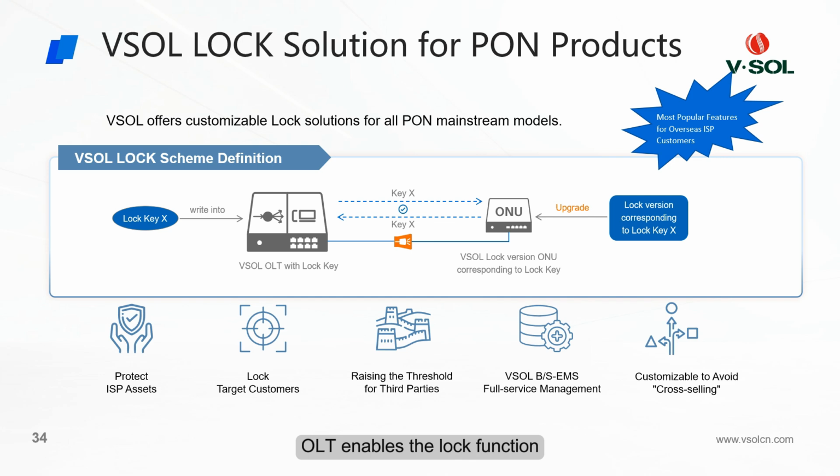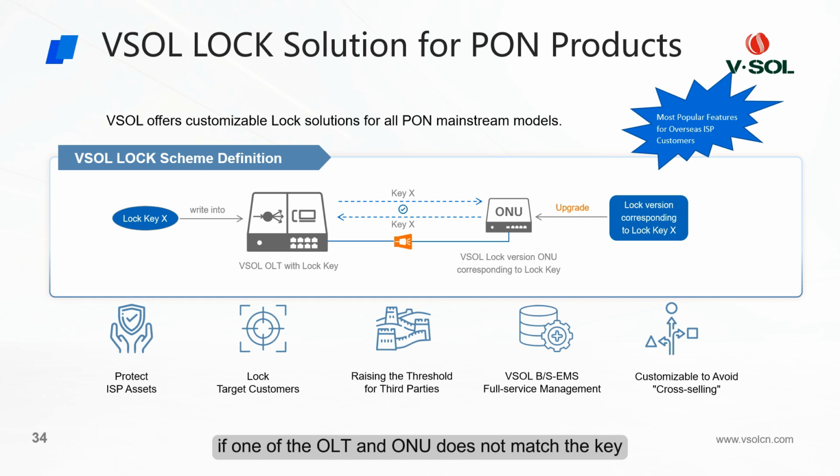OLT enables the lock function. When the ONU is connected, OLT will ask the ONU to obtain the key. OLT will compare the key returned by the ONU. Only if the key is correct can the ONU be launched. If the key is not correct, OLT will block the ONU, and ONU needs to upgrade the corresponding lock version to take effect.